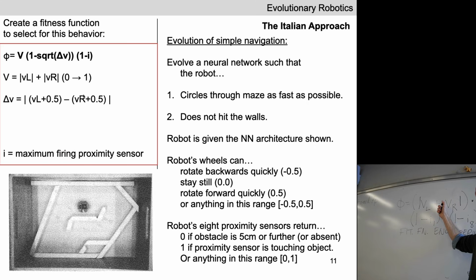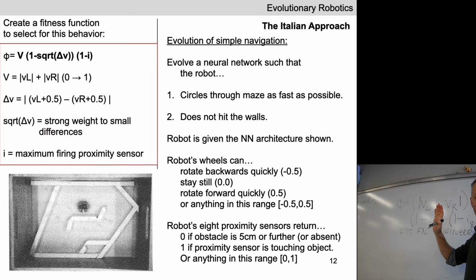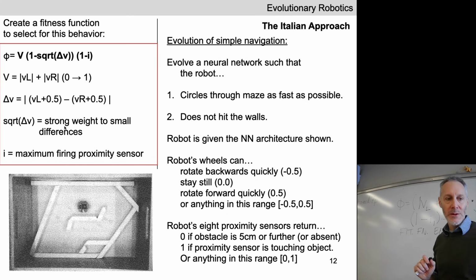I like this better because this combines their first and second term. We'll come back to the square root in a second. Okay, square root of delta V. So we're taking delta V, and then we're taking the square root of it. So a little detail here in the fitness function. What taking the square root does is it places strong weight in small differences.